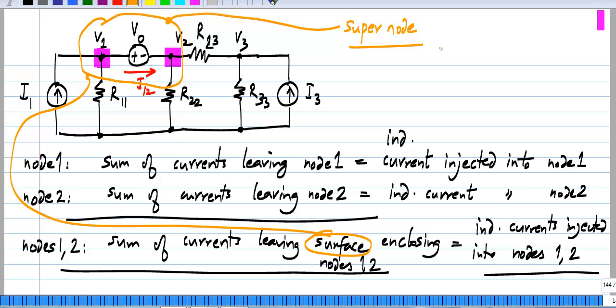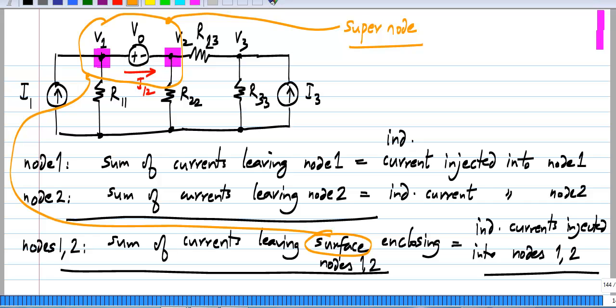So the bottom line is that if a voltage source is connected between two particular nodes, you form a super node with those two nodes and write the equations for the super node. You take the sum of all currents leaving the super node and equate that to the total current being injected into the super node. How do you do this?